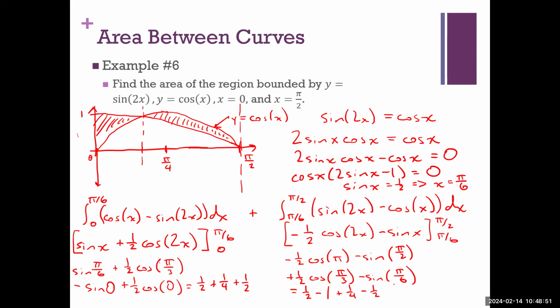So if I start adding all these things together, what do I get? Cancellation here. So on this side, I get minus 3/4, or let's just add them all together. I get 3/4 plus.